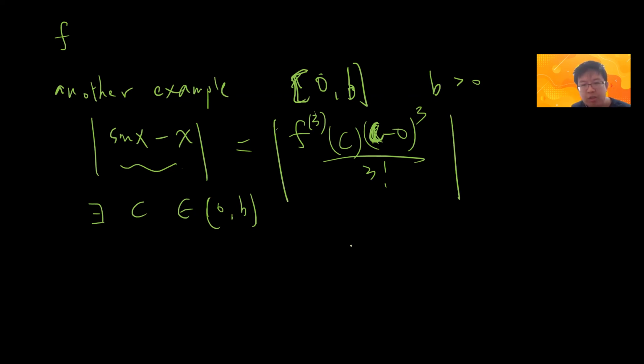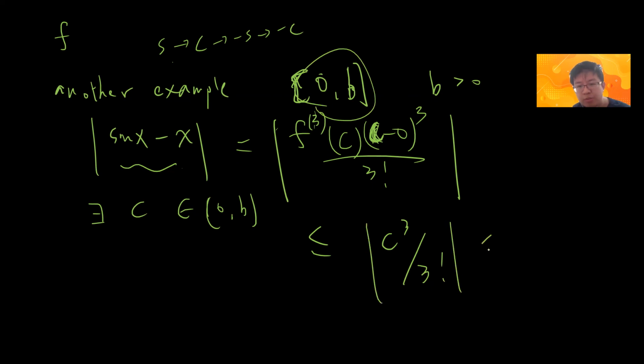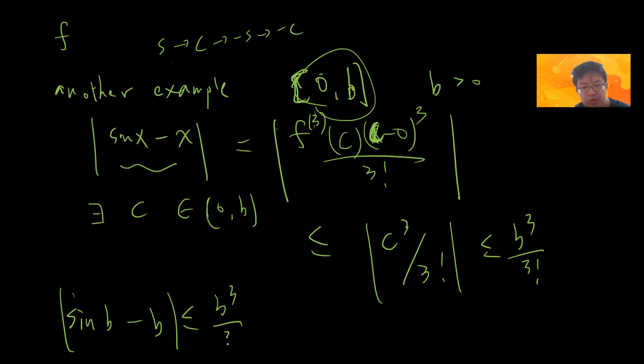The third derivative of sine is minus cosine, and whatever this term is, it is bounded by c cubed divided by 3 factorial, and my region is 0 to b, so this is bounded by b cubed over 3 factorial. So you prove that sine beta minus beta is less than or equal to this. This is the error term.